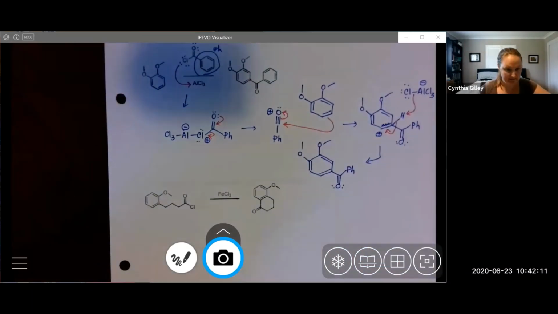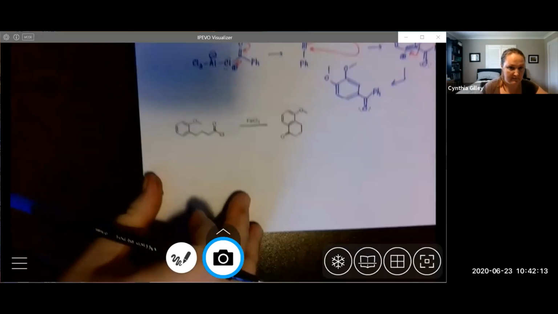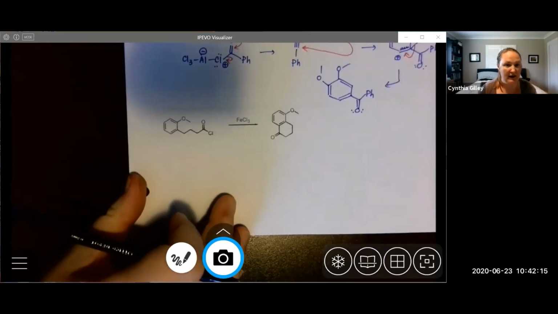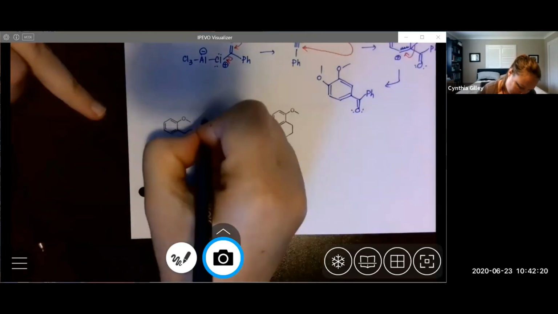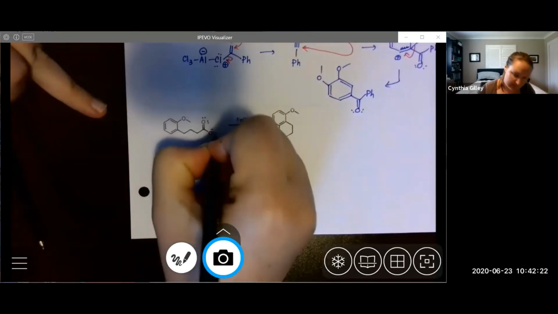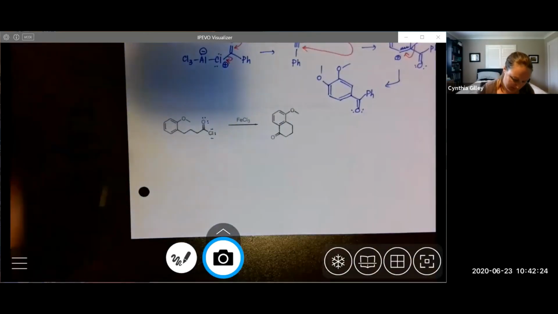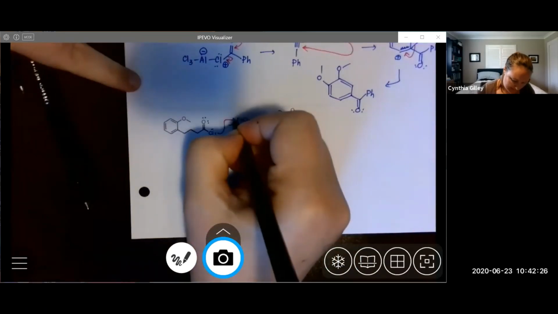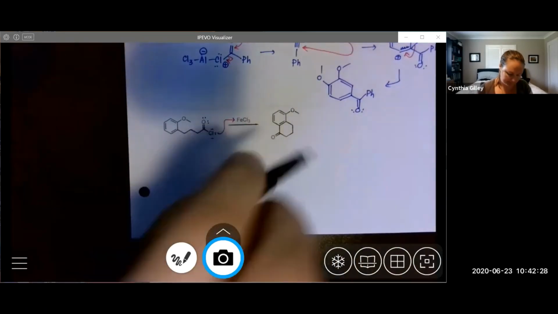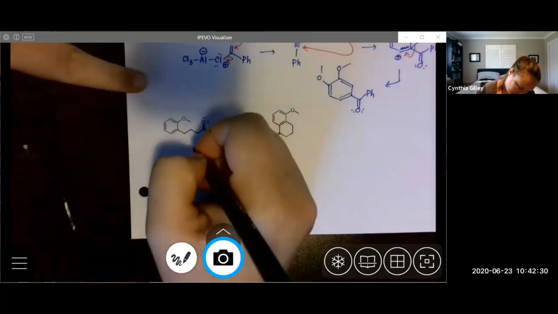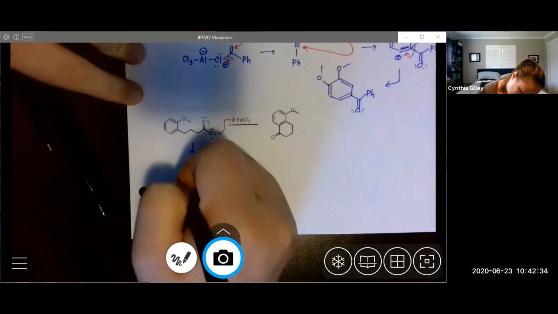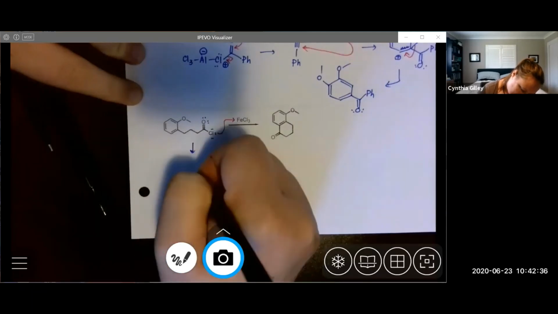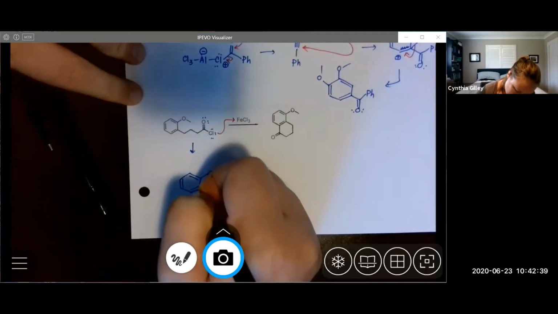Right, next is another intramolecular Friedel-Crafts acylation reaction. So initially, we form our acid-base complex. By the time you get done drawing all of these out, you should hopefully be pretty good at drawing.